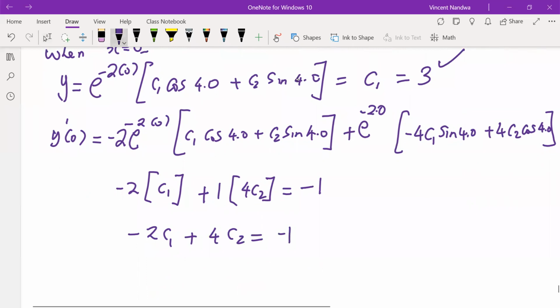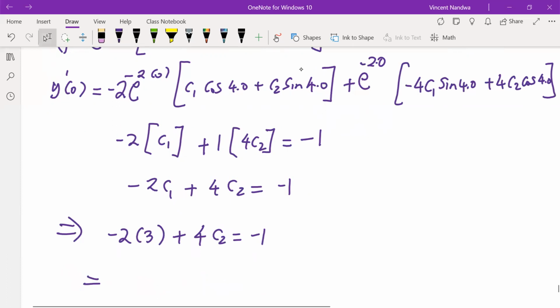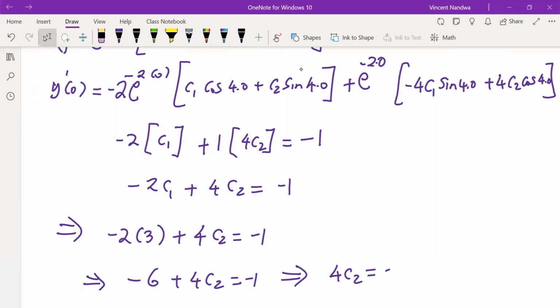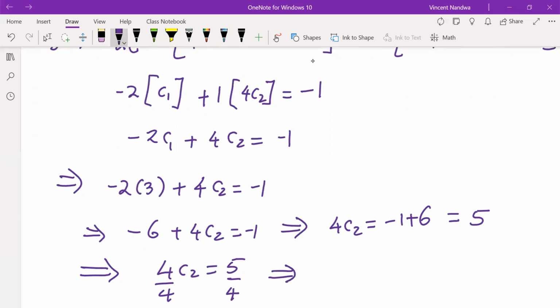But c1 is 3, so this implies minus 2 times 3 plus 4c2 equals negative 1. Which implies minus 6 plus 4c2 equals negative 1, which means 4c2 equals minus 1 plus 6, which is 5. This means 4c2 equals 5, divide by 4, which means c2 is 5 over 4.